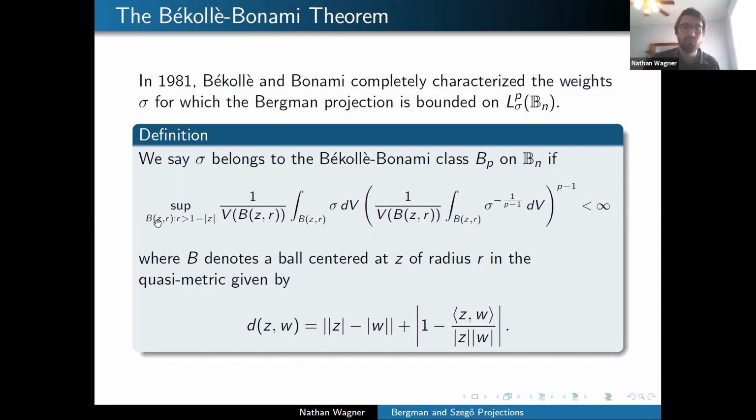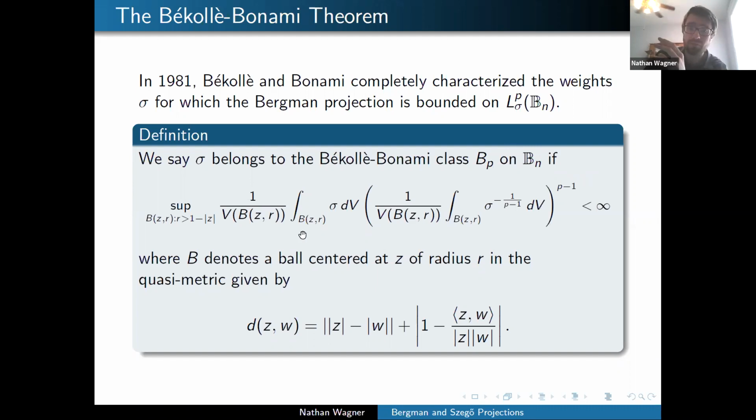So basically, we're looking at balls that touch or meet the boundary of our domain. And so this condition really restricts the behavior of the weight near the boundary, as opposed to the AP class, which would restrict it everywhere. So the moral is that we really only care about what's happening near the boundary.